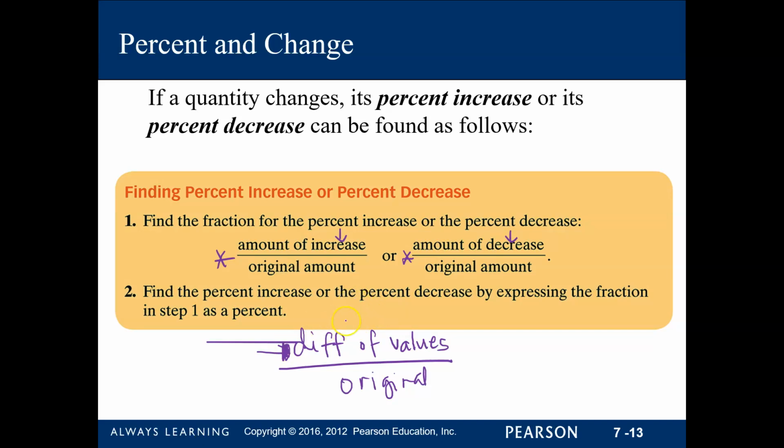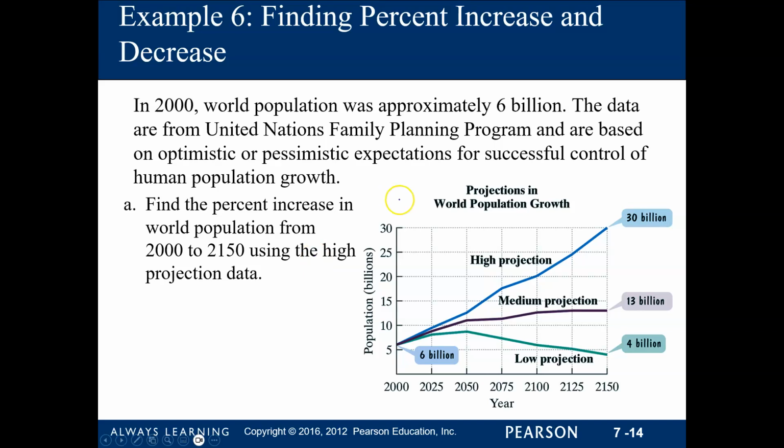All right. Let's have this example here. This graph is showing the world population projection from 2000, and the projection is for 2150. This question is asking what is the percent increase of the world population if we're going to use the high projection data. The high projection data is giving us 30 billion as the population for 2150.